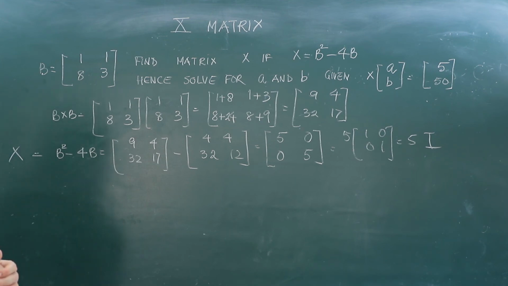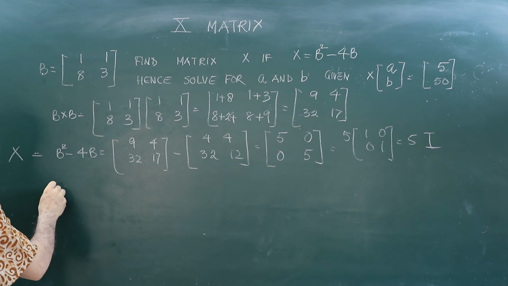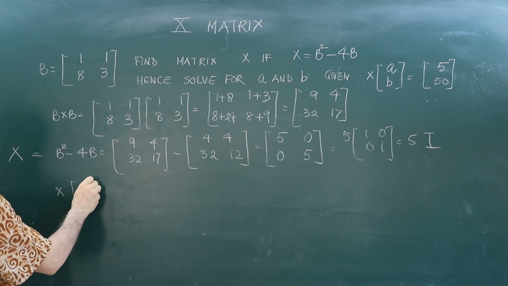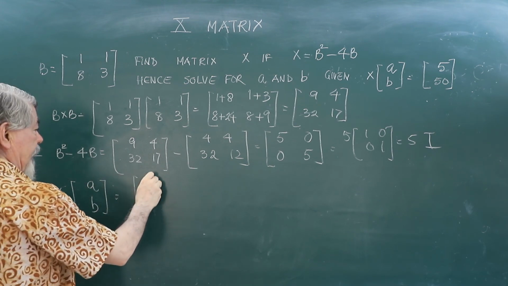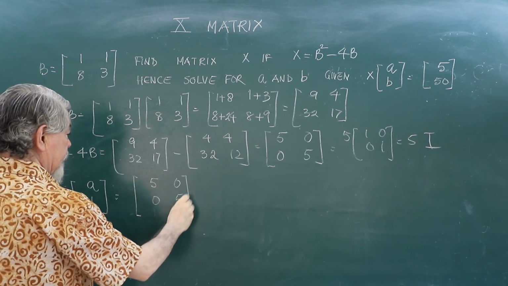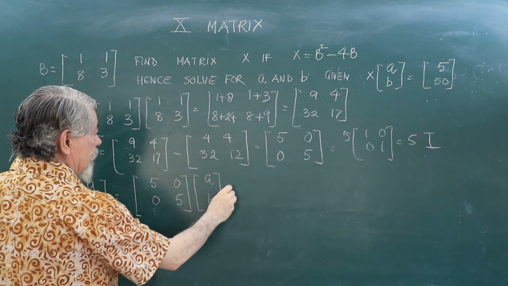Now he wants you to calculate, given that he says hence solve for a and b if X is multiplied with ab and gives 5 50. So X into ab. X is actually 5 0 0 5 and this is ab. This matrix multiplication is possible.